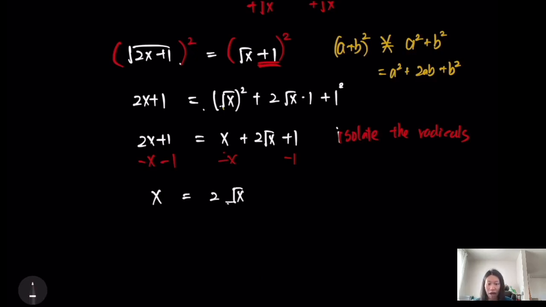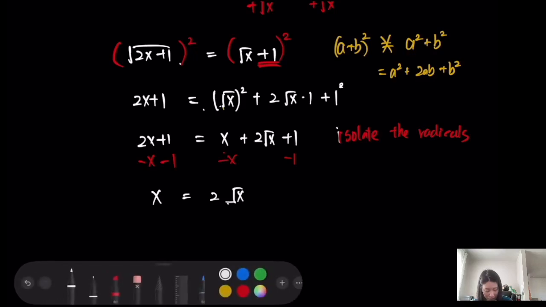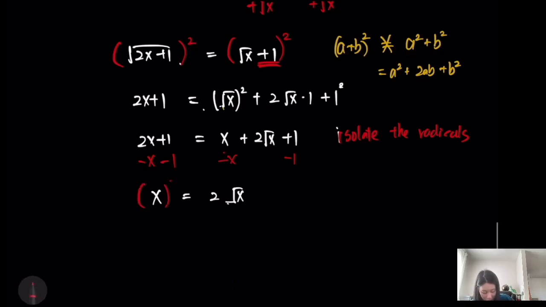Now, after we isolate it, we can just square both sides. Be careful when you square, don't forget to square the 2. Now, I have x squared equals 4 times x.